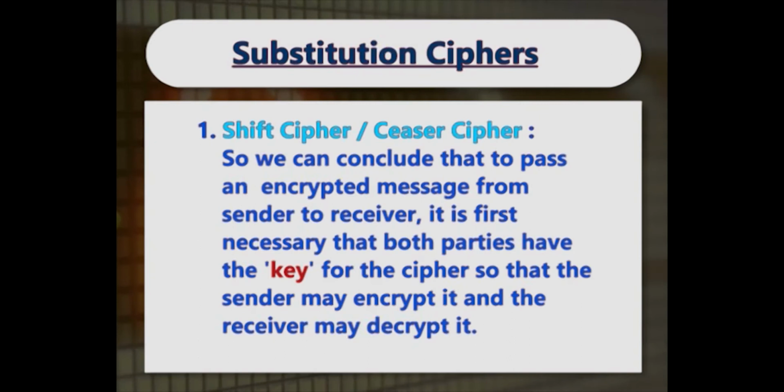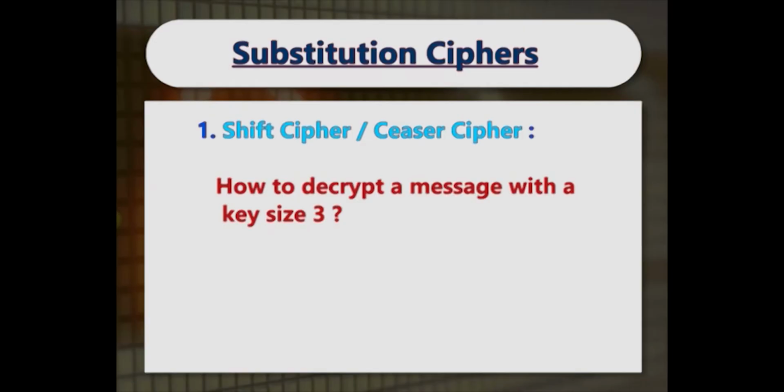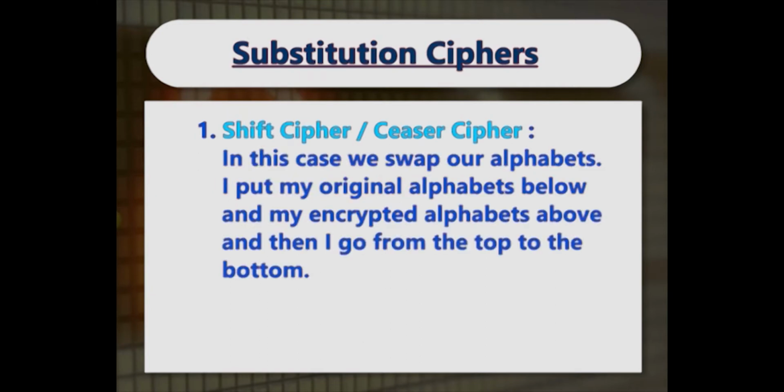So, we can conclude that to pass an encrypted message from sender to receiver, it is first necessary that both parties have the key for the cipher, so that the sender may encrypt it and the receiver may decrypt it. For Caesar cipher, the key is the number of characters to shift the cipher alphabet. Now, let us see how to decrypt a message with a key size 3. In this case, we swap our alphabets.